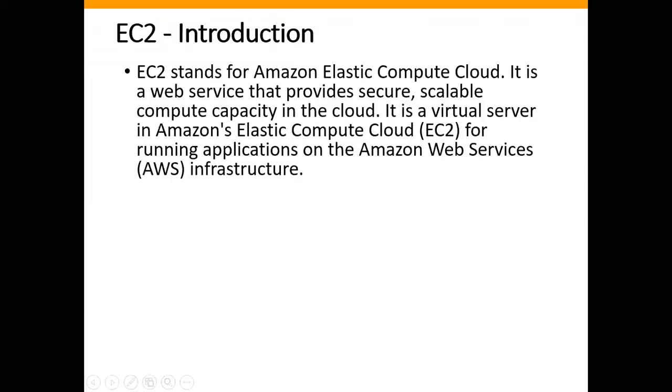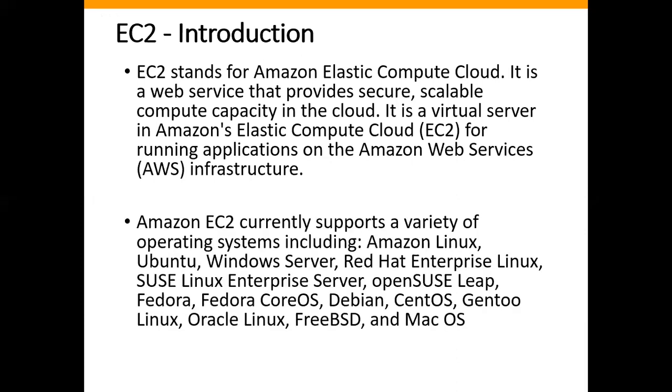So we are going to start the first service. The service name is EC2, and the full form of EC2 is Amazon Elastic Compute. Now, what is this service? It's a service where we are going to create our virtual servers.